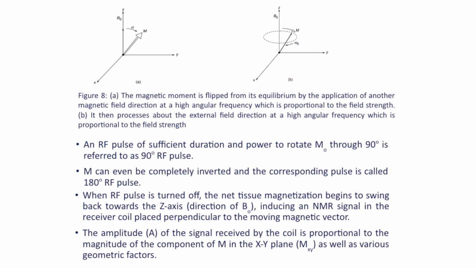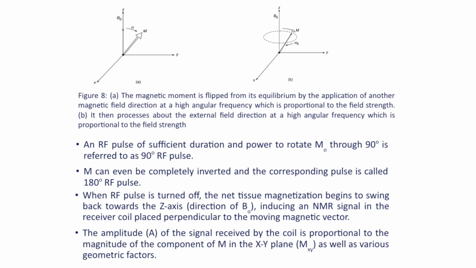An RF pulse of sufficient duration and power to rotate M naught through 90 degrees is referred to as a 90 degree RF pulse. Magnetization can even be completely inverted, and the corresponding pulse is called a 180 degree RF pulse.